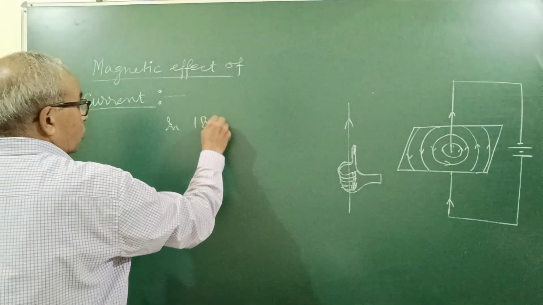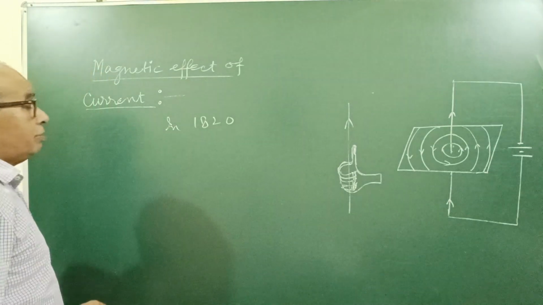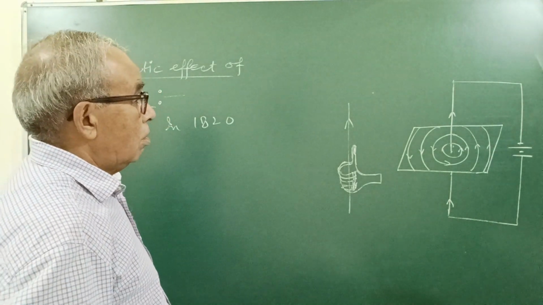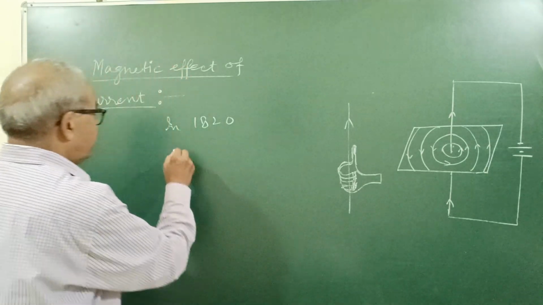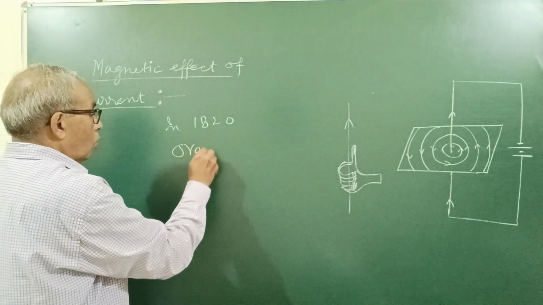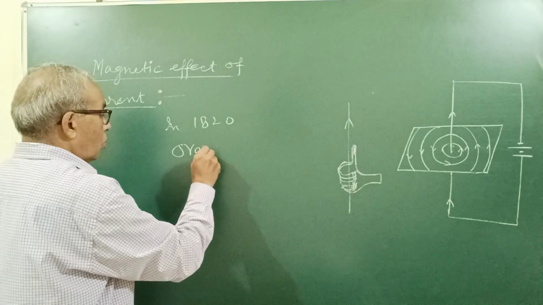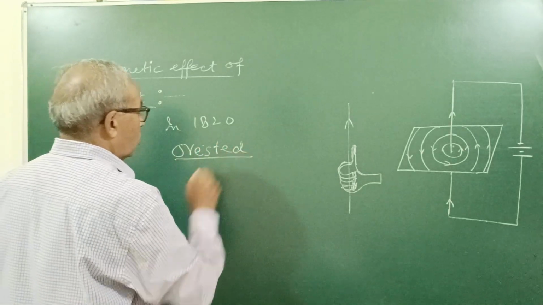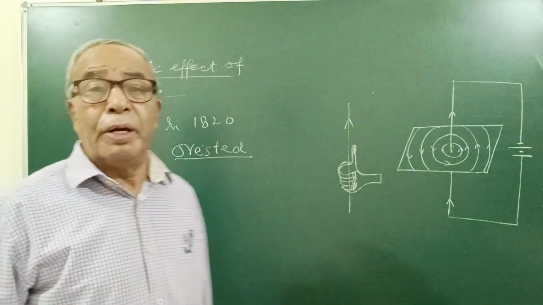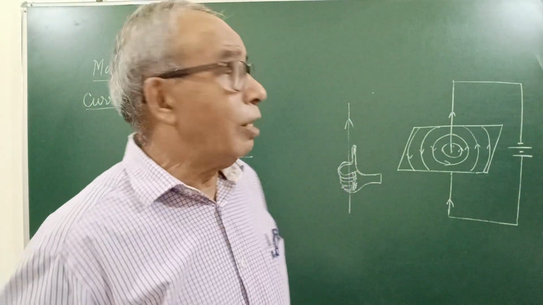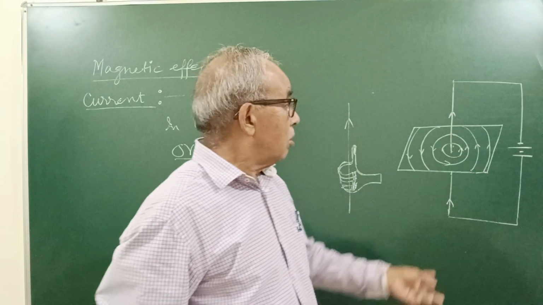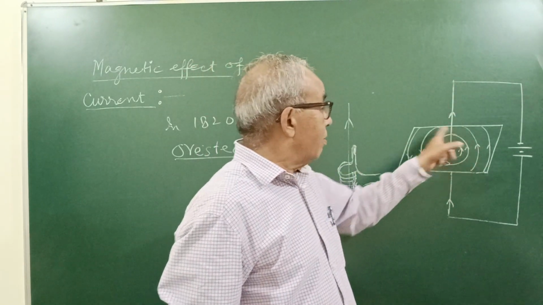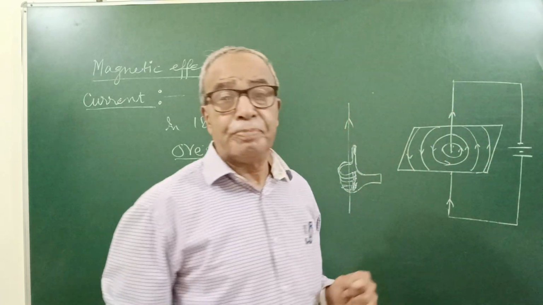It is in 1820, during an experiment, Oersted discovered that when we pass electric current through a conductor, a magnetic field is produced.